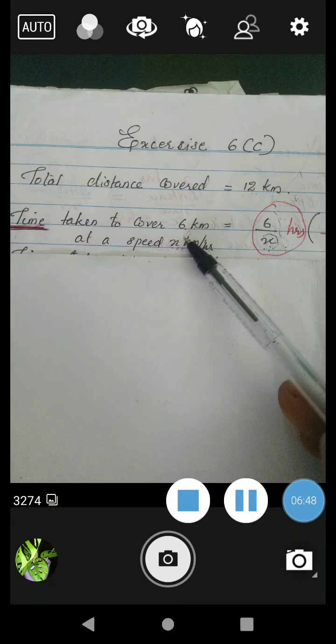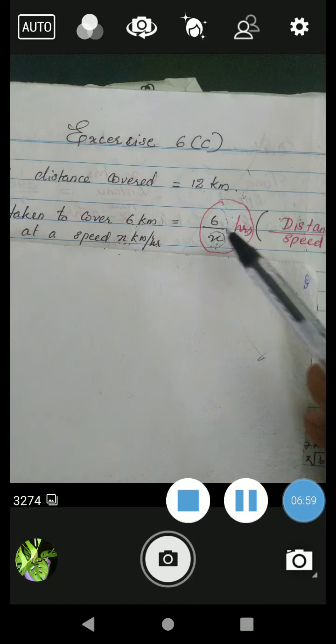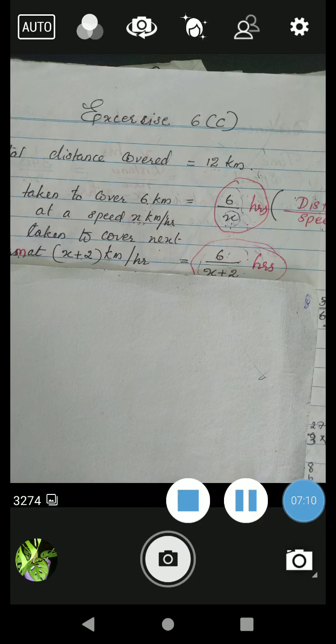Therefore, we can find time taken to cover 6 km, that is half of this, 6 km at a speed of x km per hour. Time is equal to distance divided by speed. So, it is 6 by x. And the next half, time taken to cover the next 6 kilometers at x plus 2 km per hour.